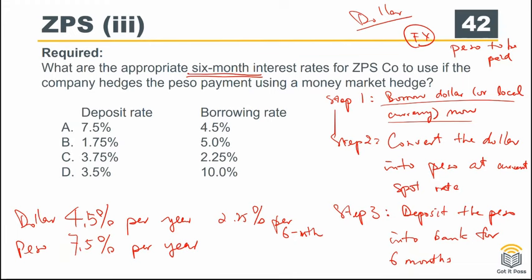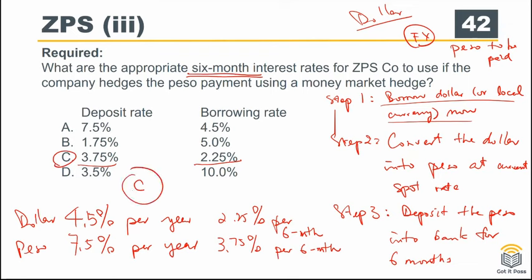And for peso, it is 7.5% divided by 2, which is 3.75% per 6 months. All right, so what's the answer? For the borrowing rate, it is 2.25, and for the deposit rate, it is 3.75. The answer is C here.